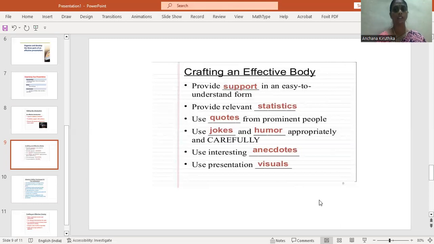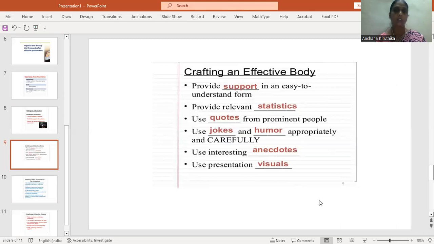Then, as a speaker, they have to give relevant statistics. They can make use of the quotes of eminent personalities, and sometimes they can make use of jokes or humor. It should be done very, very carefully. You should not hurt anybody in the audience.